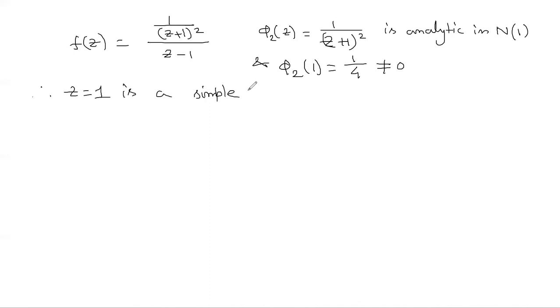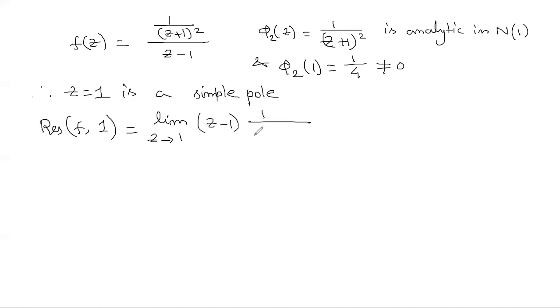So whenever we have a simple pole, we have residue of f at the point 1 as limit z tends to 1 of (z - 1) into f(z), that is (z - 1) times 1 by (z - 1)(z + 1)^2. So here we are getting limit z tends to 1 of 1 by (z + 1)^2, which is equal to 1 by 4.